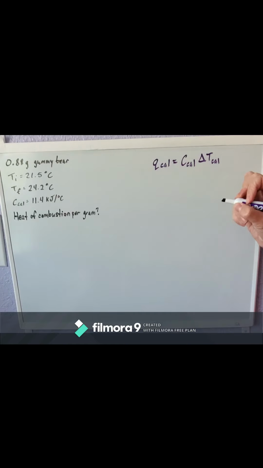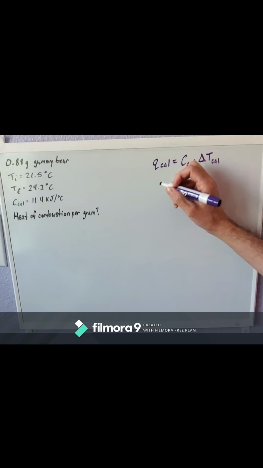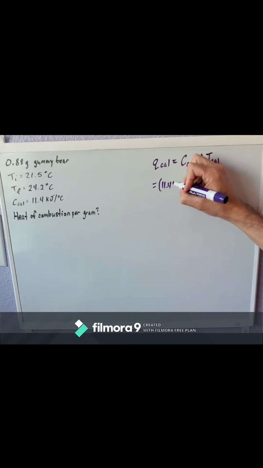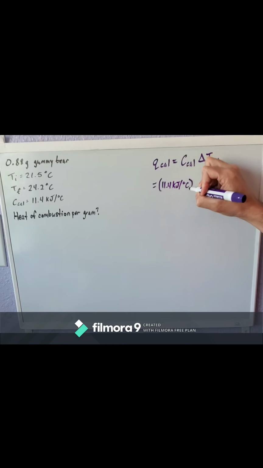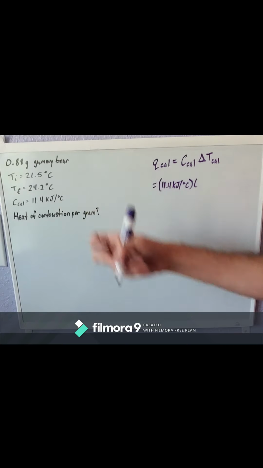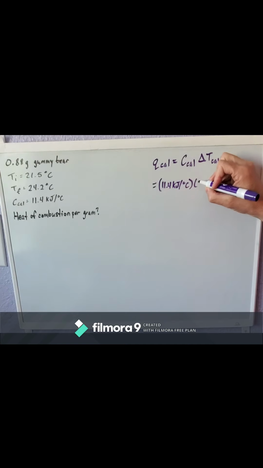Luckily for us, we're given this information in the problem. Your C cal is 11.4 kilojoules per degree Celsius. Your change in temp, as always, is your final minus your initial, so we have 24.2 minus 21.5, both in degrees Celsius.